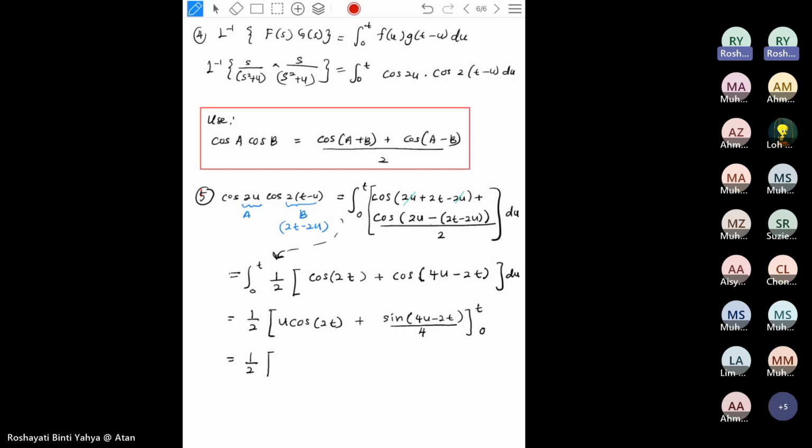So change u to t. So u here, so t cos 2t plus sin 4t minus 2t over 4.